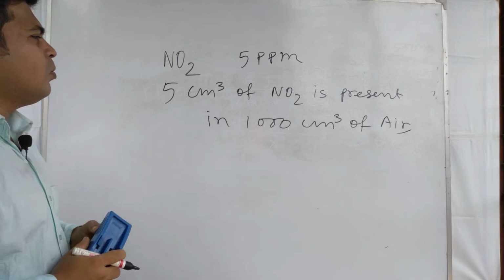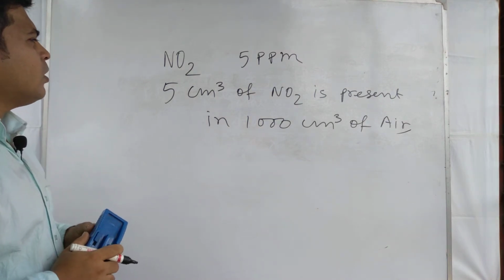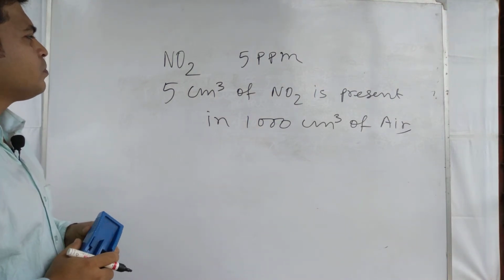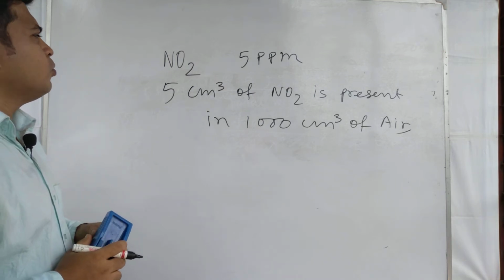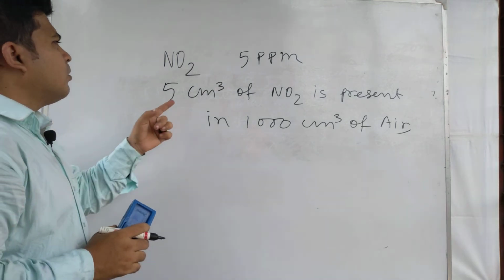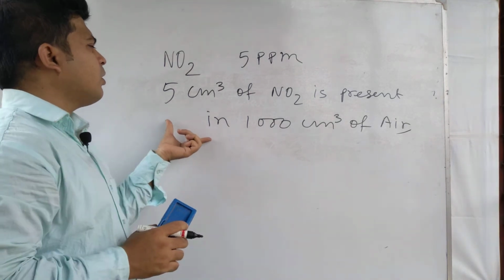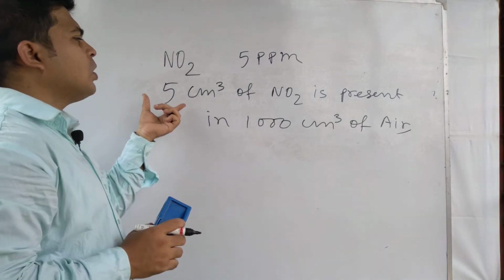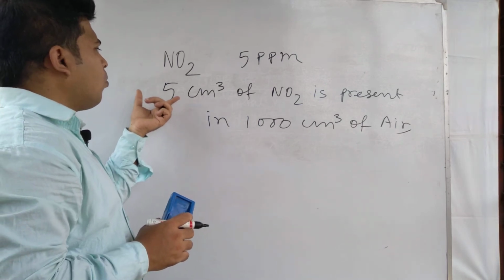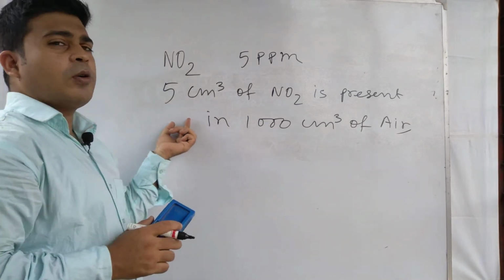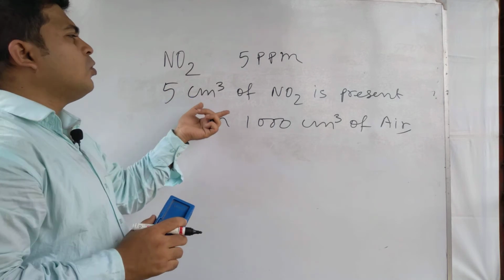In this case, for atmospheric pollution we calculate the volume of air and volume of pollutant, not the weight.